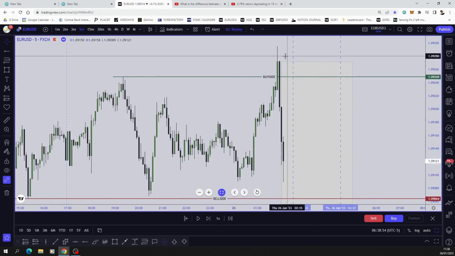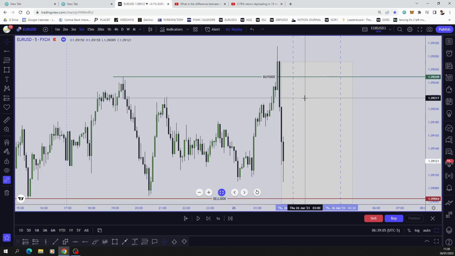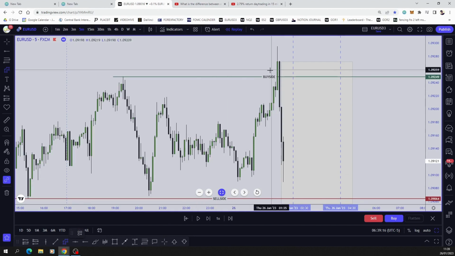The first thing I'm thinking is, what's happened here? We've had a break of the highs. I'm looking for a potential short here somewhere. The concepts I'm going to speak about next are a little bit more advanced, but I will make videos about each of these. When I see a break of a high and a move back into the range, I'm looking for a short.